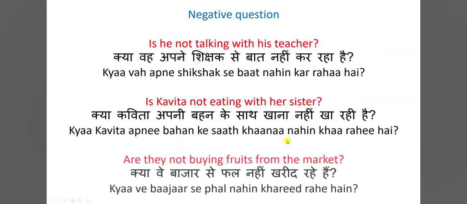Next, are they not buying fruits from the market? क्या वे बाजार से फल नहीं खरीद रहे हैं? वे is they, बाजार is market, but we pronounce it as बाजार also. से is from, फल is fruits, नहीं is not, खरीद is buy, रहे is ing, हैं is are.